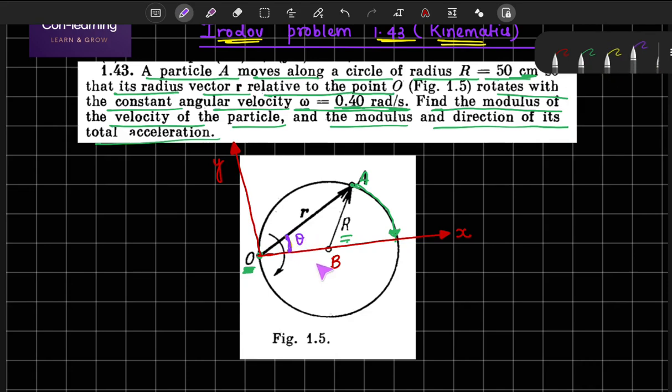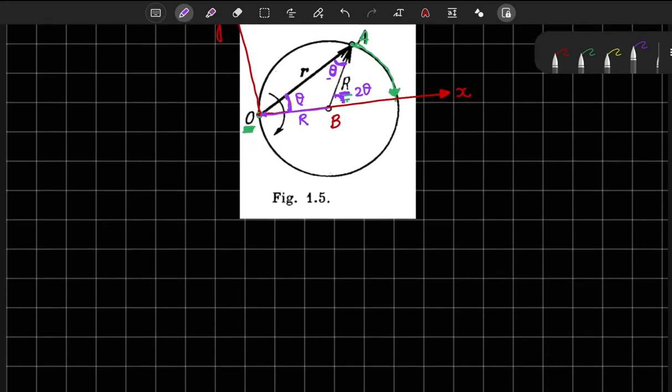This angle is theta because this is the radius and O to B is also radius, so this angle will also be theta, and this angle will be theta plus theta, which is 2 theta. Now, this particular angle will be 180 minus 2 theta.